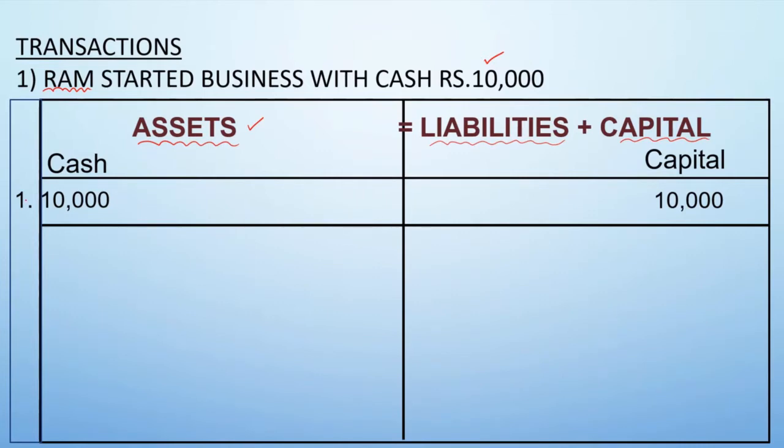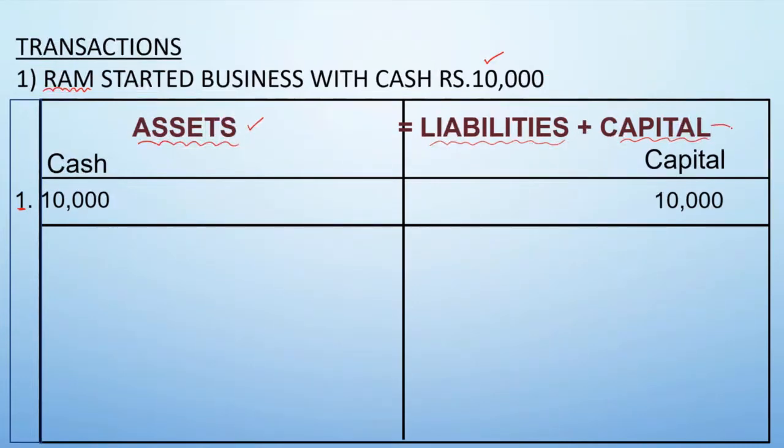For the first transaction, we present the first point: the cash is increasing in the business by 10,000, so we have increased the cash by rupees 10,000. Along with that, on the other side we have the capital side. As 10,000 is the owner's fund which is invested, that 10,000 will increase the capital.